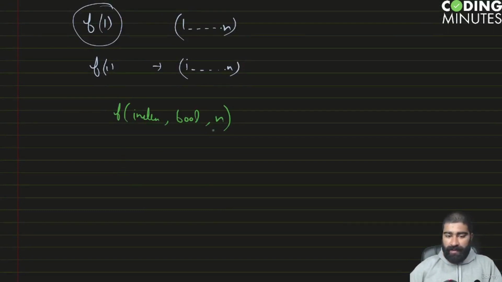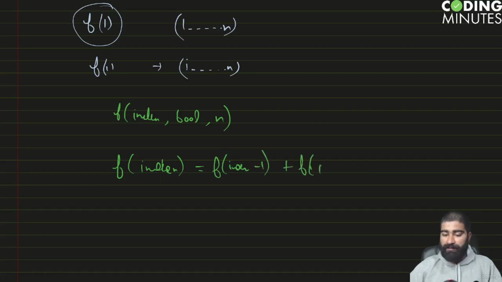In the next part I want you to understand why the recursive solution is not equal to something like this: Fibonacci of index equals Fibonacci of index minus 1 plus Fibonacci of index minus 2. I mean the Fibonacci series, right? So just think about it, and then we will come back to it in the later section of the course, in the 1D DP section.